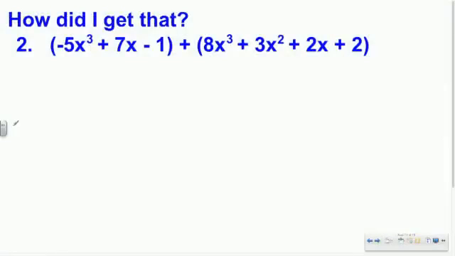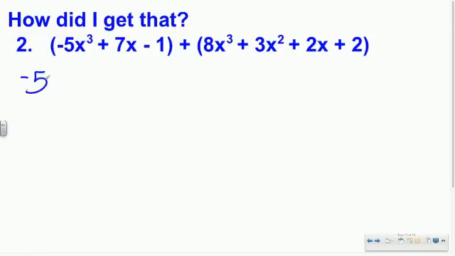Okay, gonna bring that up a bit. Here we go. Negative 5x cubed plus 7x minus 1 plus 8x cubed plus 3x squared plus 2x plus 2. So remember, for adding, essentially your first step is to break it out of parentheses.